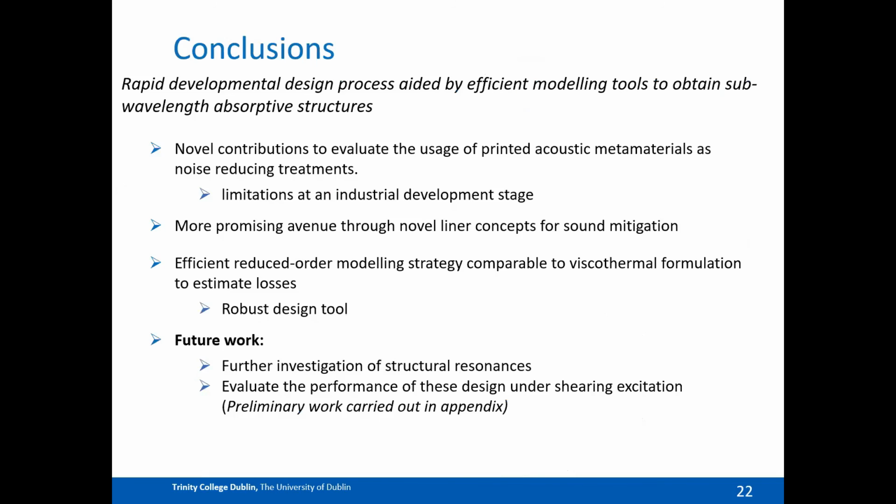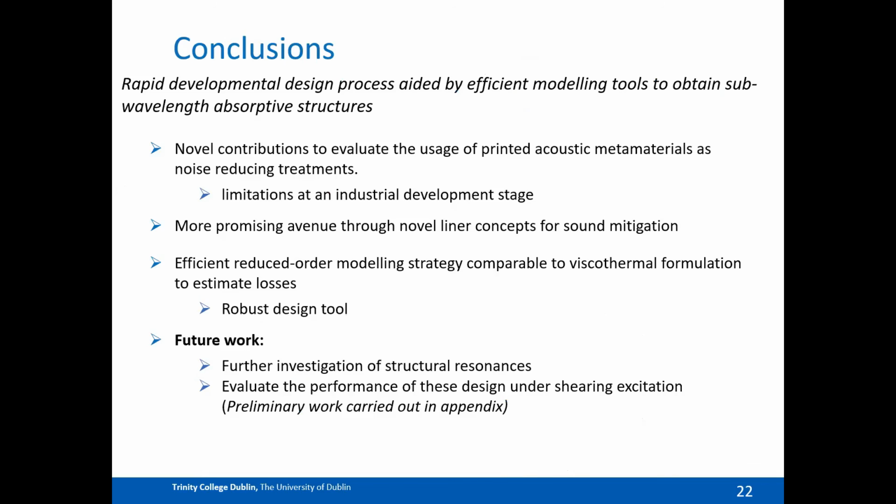So, the conclusions of most of the work: it was just to have a sort of rapid developmental design process, and it can be aided by efficient modeling tools to obtain sub-wavelength absorptive structures. The usage of printed metal materials was evaluated as a noise-reducing treatment.